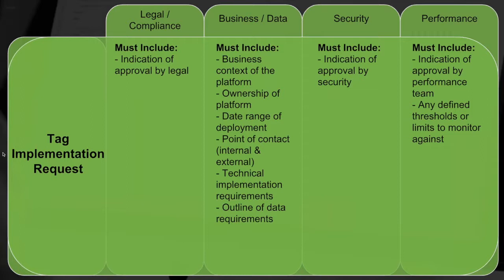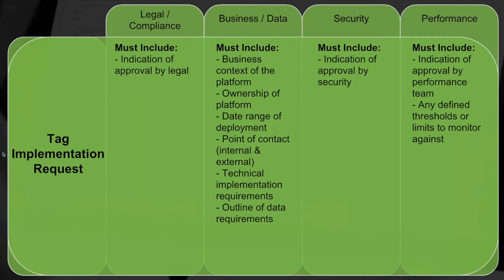Also though, for performance, any defined thresholds or limits that you're going to want to monitor against as it pertains to that tag in the performance context are going to want to be defined within that tag implementation request, so that we can use that documentation for monitoring moving forward.